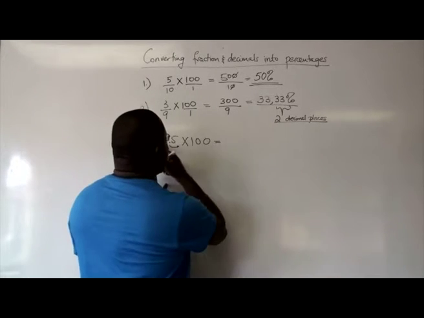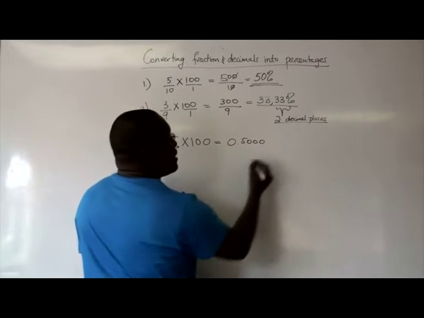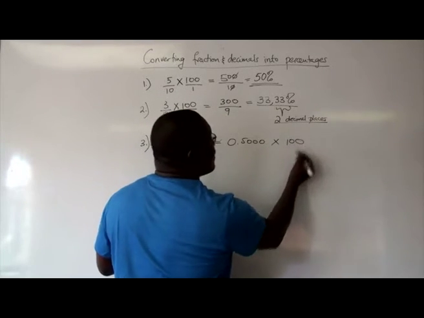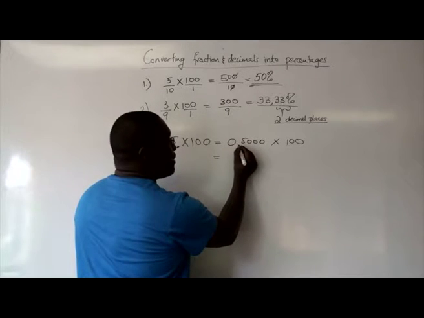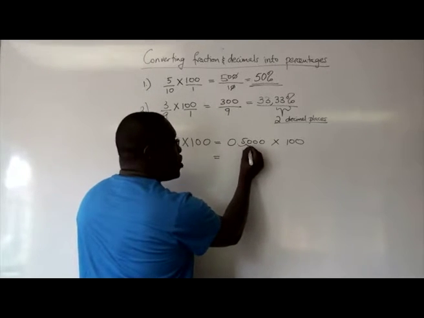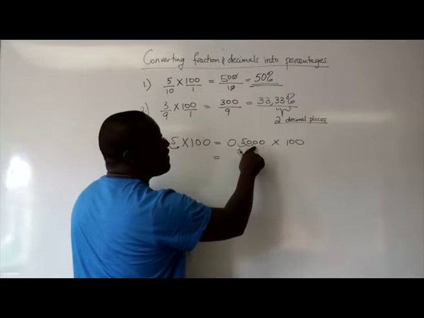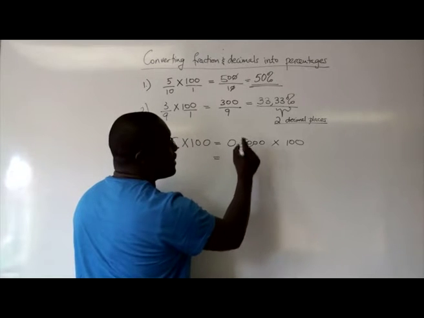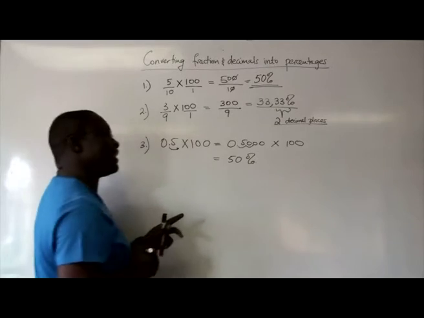So let me rewrite 0.5, let me rewrite it 0.5000, right? Times 100, it's going to be equal to, now the comma is here, so we're going to move 1, 2. So that means the comma is now after the first 0. So this is 50, so it'll be 50%, like that.